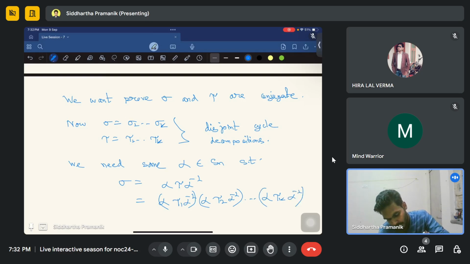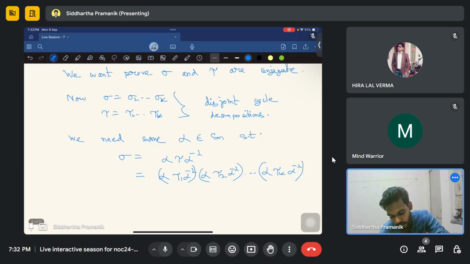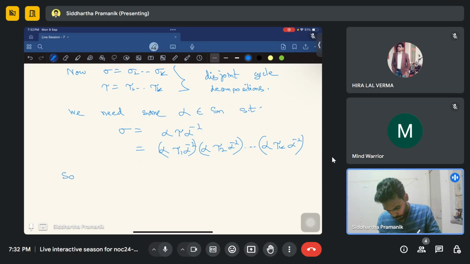So it is sufficient to prove that cycles of the same length are conjugate. So it is enough to prove cycles of same lengths are conjugate.